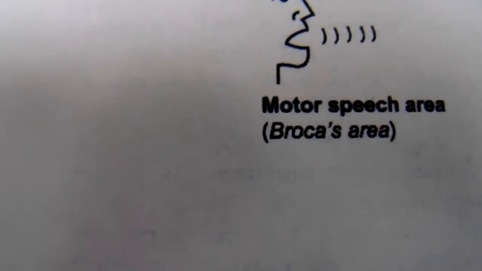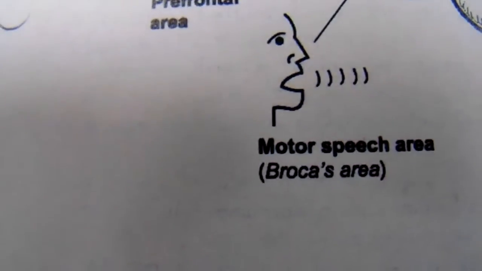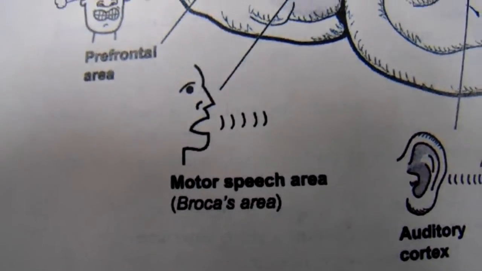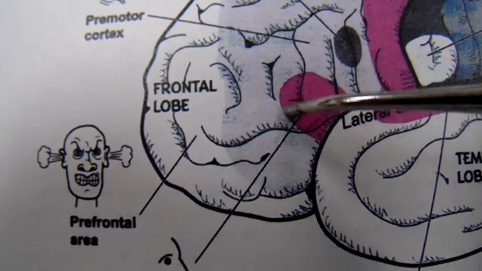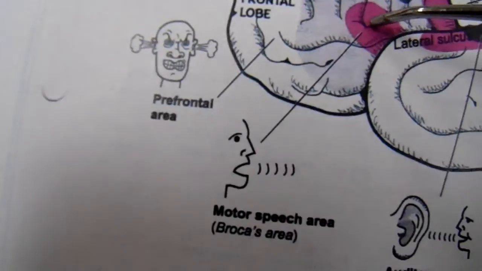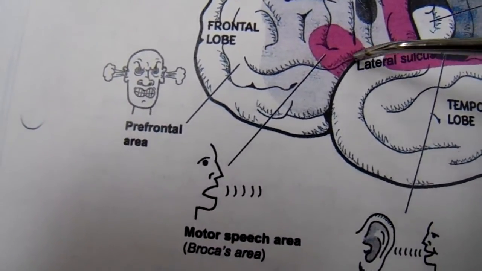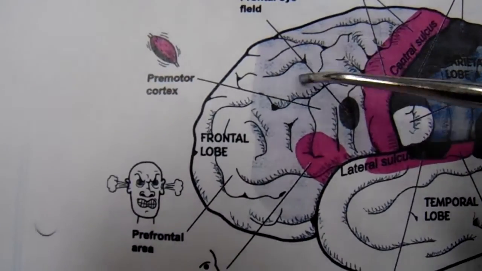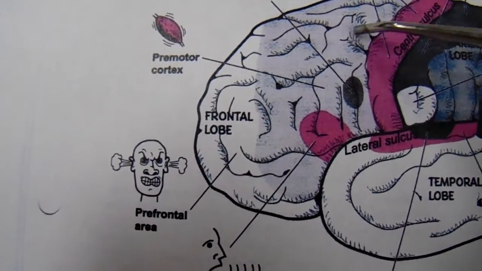Okay, this motor speech area, though, you got to know it's the Broca's area too. It controls muscle movements around the mouth. Orbicularis oris, this area right here controls speech muscles. So the frontal area here controls your muscles.